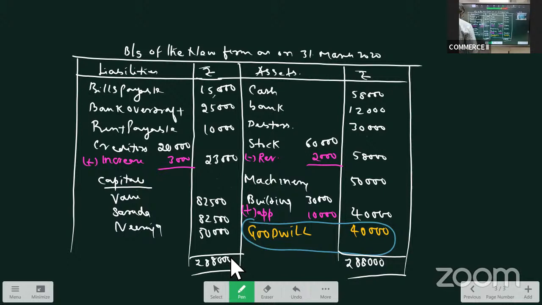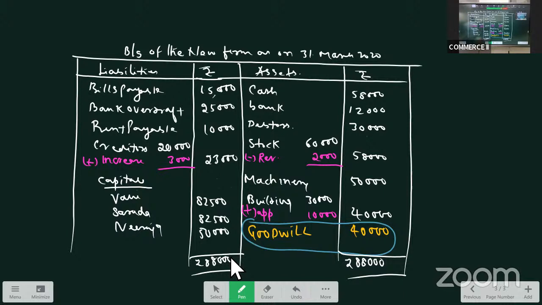Okay. Sure. That's good. We'll take one more problem based on this method. That is question number 12.